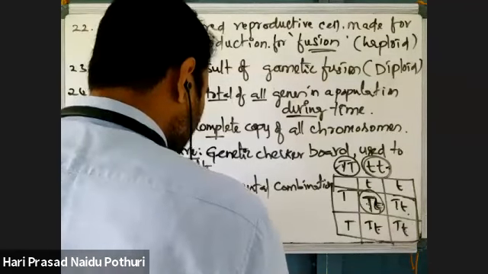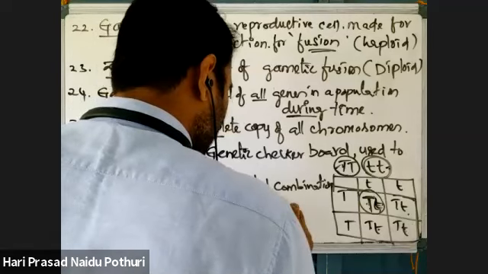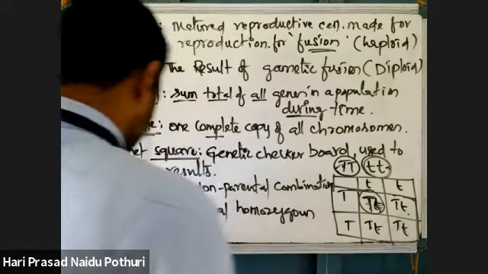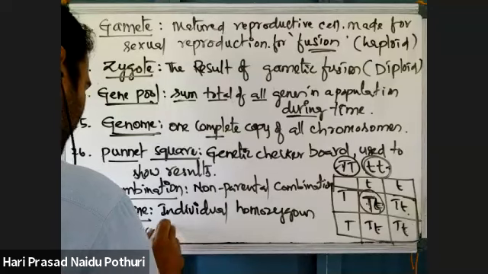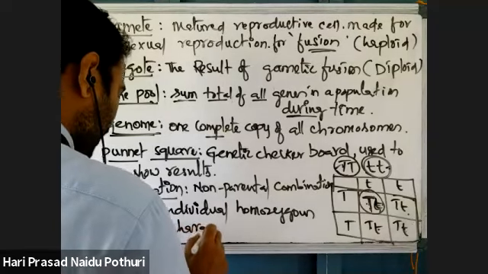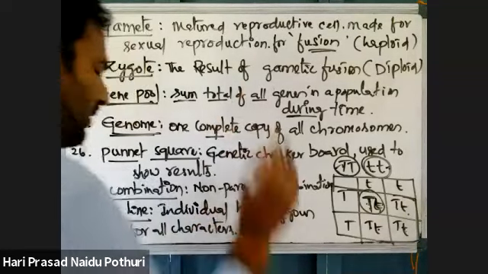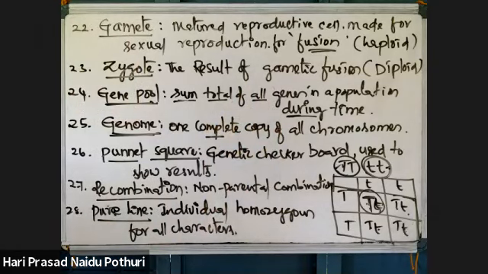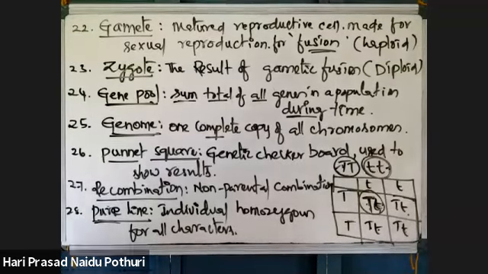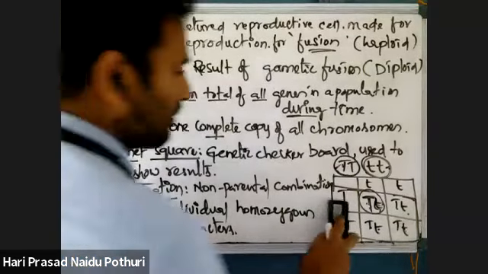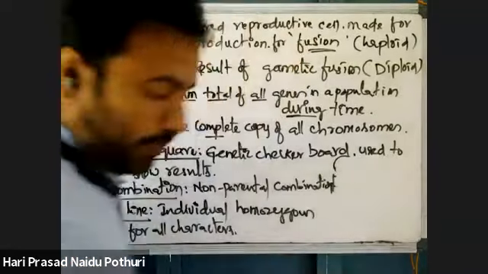An individual which is homozygous for all characters is called as a pure line. What is a pure line? Take an example.